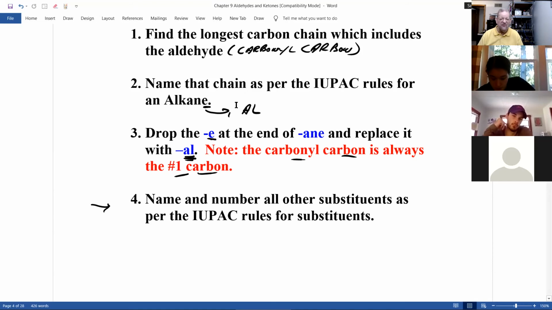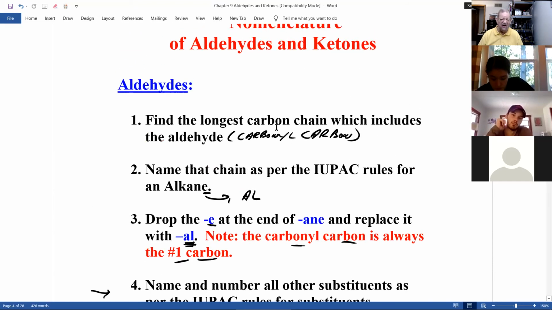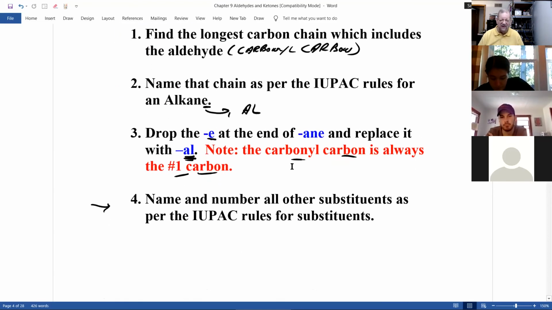So let's go through this again. Find the longest chain that includes the carbonyl carbon, carbon double bond to oxygen, and name that as an alkane. Drop the E at the end of the name of the alkane and replace it with al. The carbonyl carbon is always number one, but you don't put that number down, but you remember it. And any other substituents you name as per the IUPAC rules we've already done.